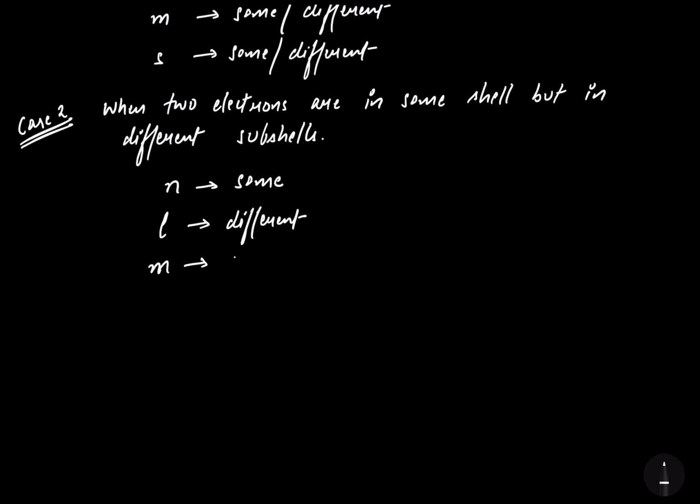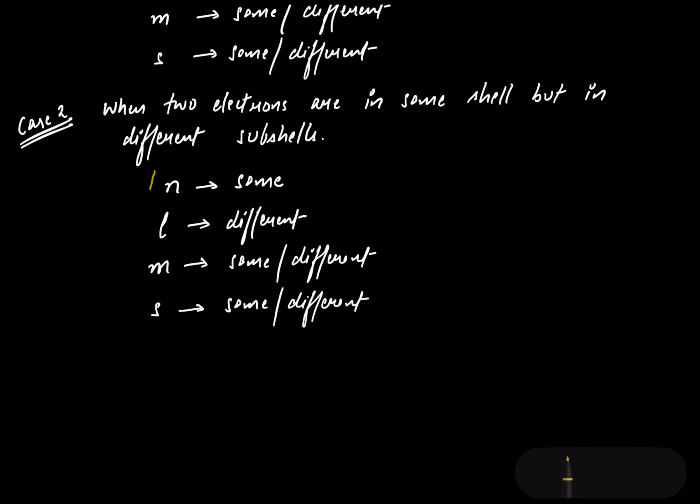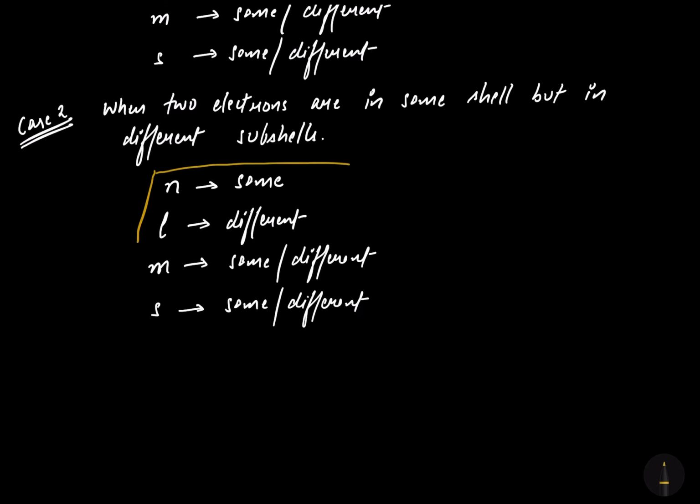The small m can be same or it can be different. Now let's talk about the spin quantum number. Again, the spin quantum number can be same or it can be different. But we are dead sure about principal quantum number, which will be same, and azimuthal quantum number, which will be different.